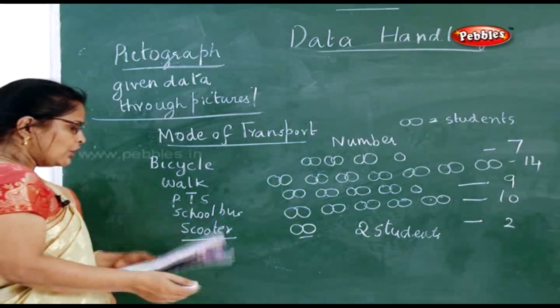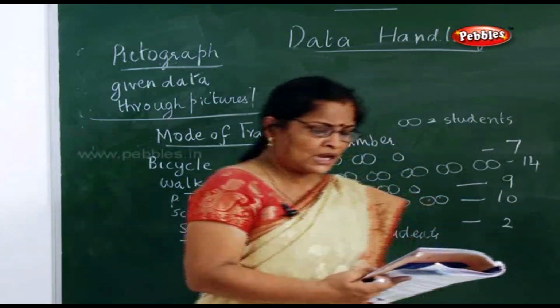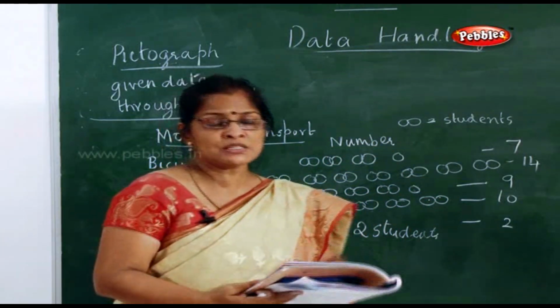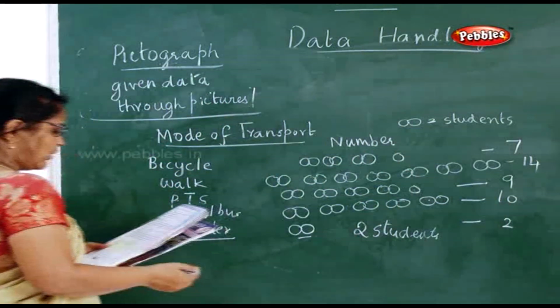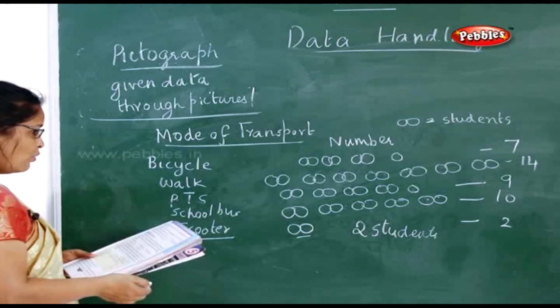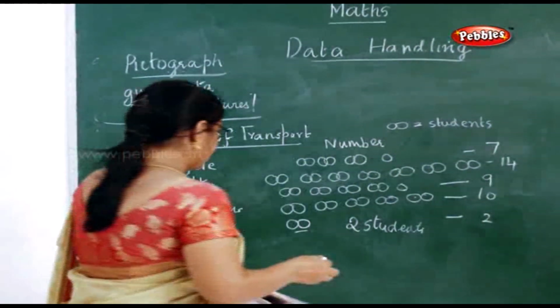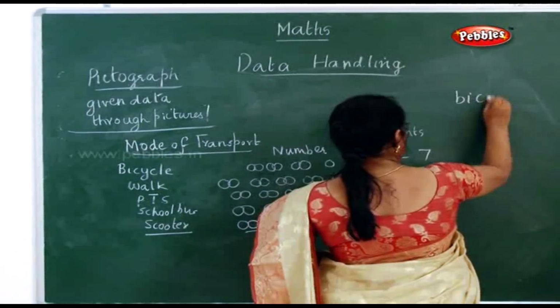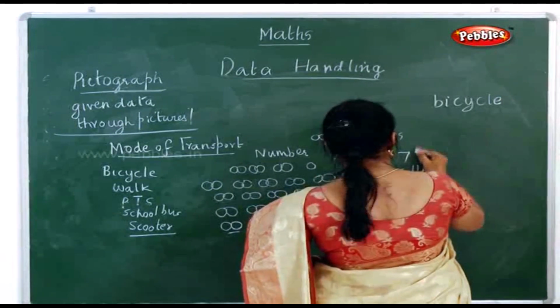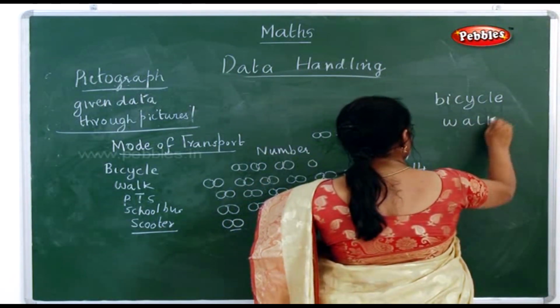So, now what you have to do? You have to write the number of students who come by bicycle is half the number of students who come by walking.